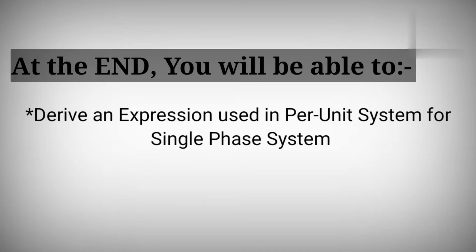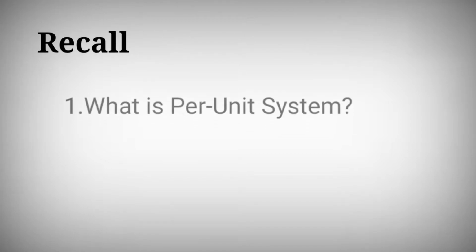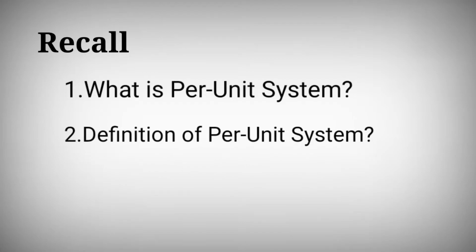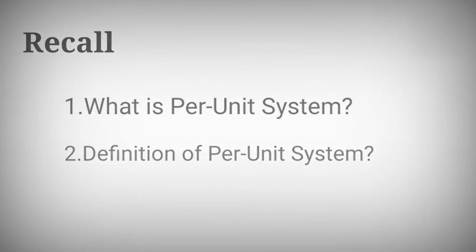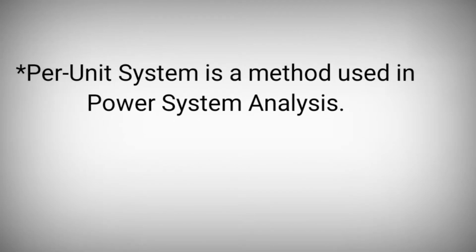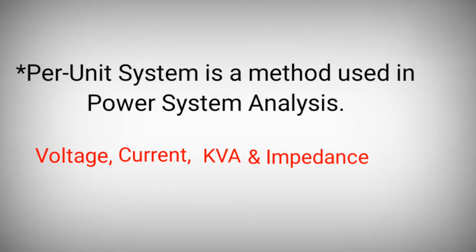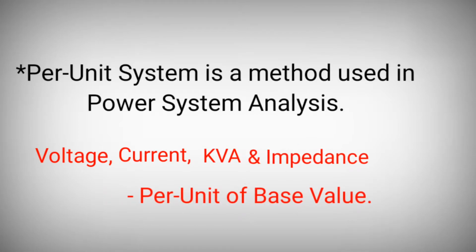Before going to obtain the expressions used in per unit system for single phase, at first I would like to recall what is per unit system and the definition of per unit system. The per unit system is a method used in power system analysis to express voltage, current, kVA and impedance in per unit of base or reference value of these quantities.